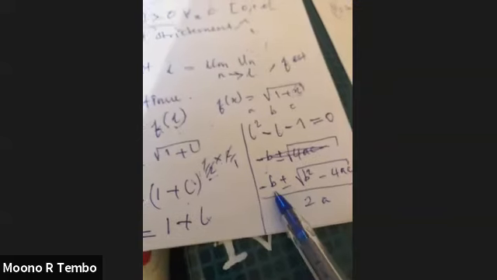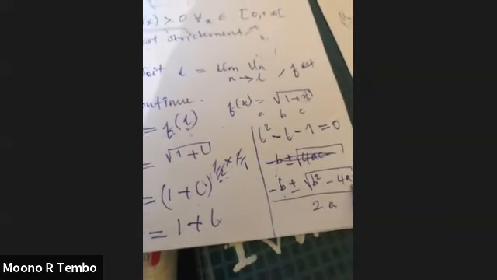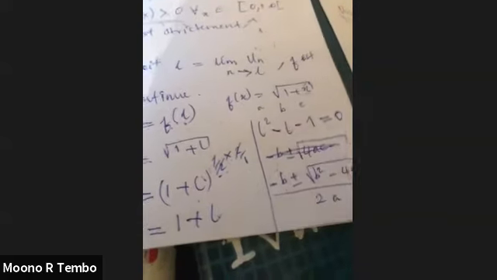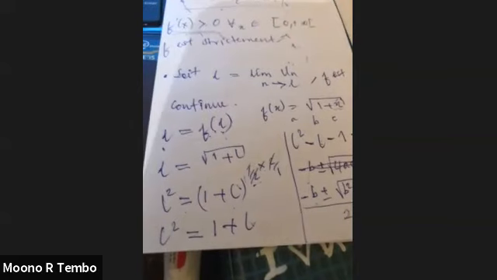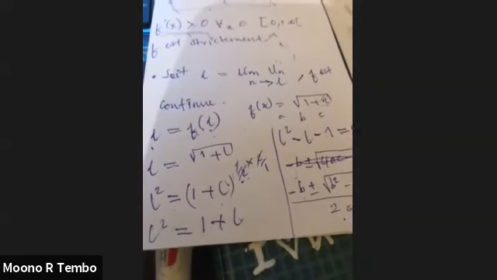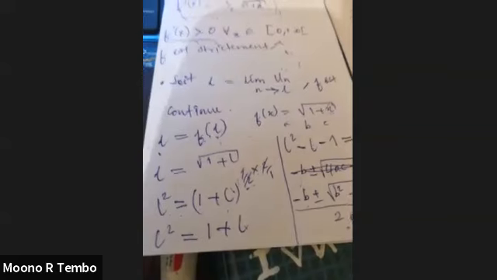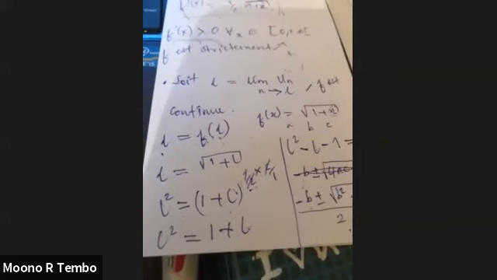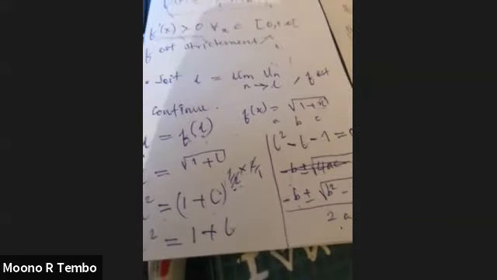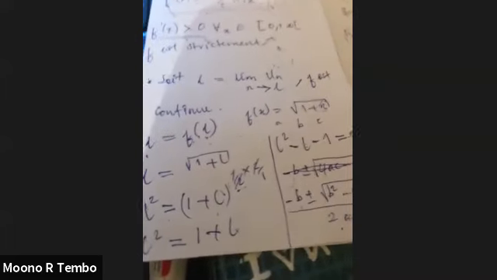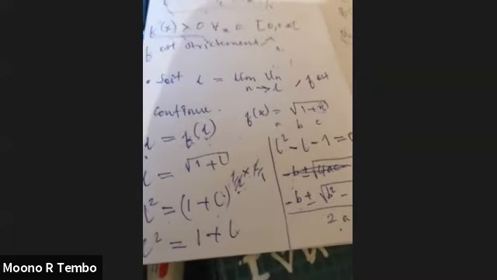You replace what your A, B and C are in this equation, and then you find your figures. You find what L is. Remember, L will give you two different values, numbers or whatever it is. One will be positive, one will be negative.